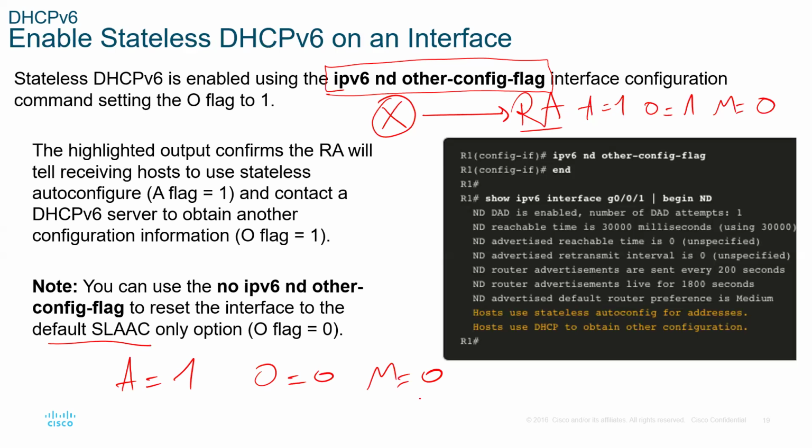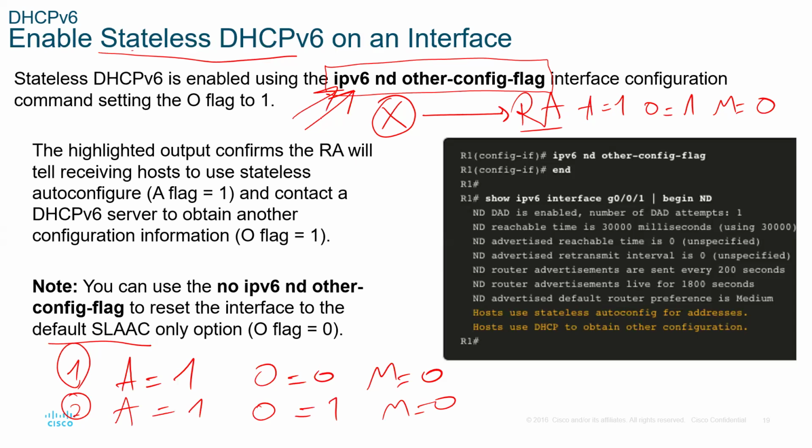If you want to add another option, which allows that router to enable stateless DHCP, then you need to configure that command. With this command, we now have option 1 and option 2. Option 1 is the default. Option 2 is A equals 1, O equals 1, M equals 0. So to enable stateless auto configuration, you need to input that command.